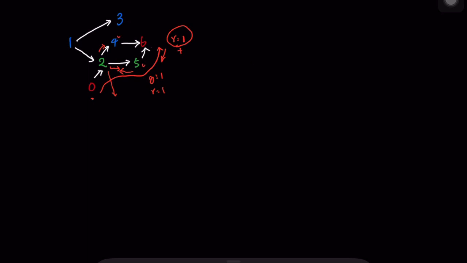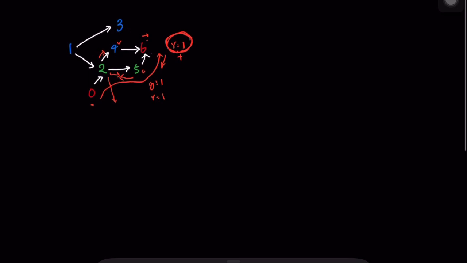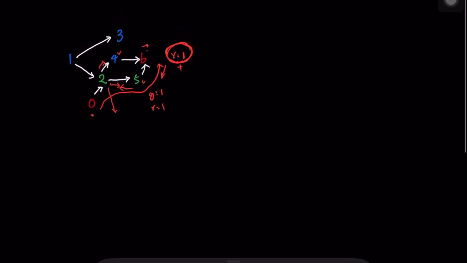Let's start from node 4, and we find that node 4 points to node 6, but the cache already has the result for node 6: we have one red node starting from node 6. So we can get it and store it here.